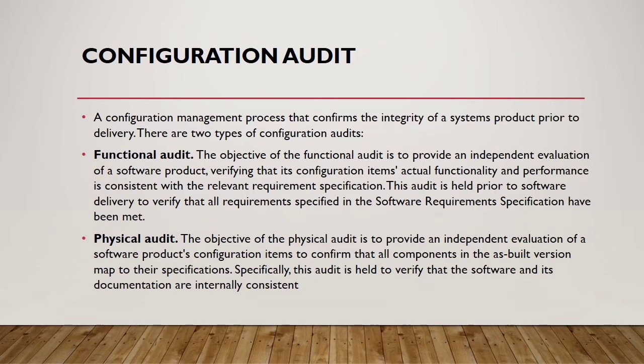The audit is prior to delivery and verifies the requirements specified on the software that have to be met. The next one is the physical audit, whose objective is to provide an independent evaluation of software product items to confirm that all components as built map to their specifications. Especially, this audit is held to verify that the software and its documentation are internally consistent.